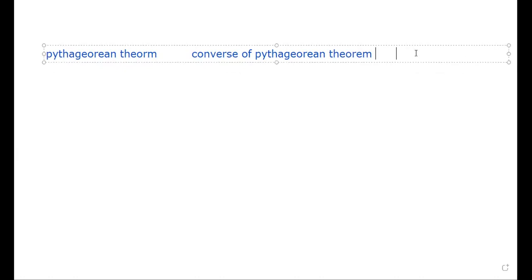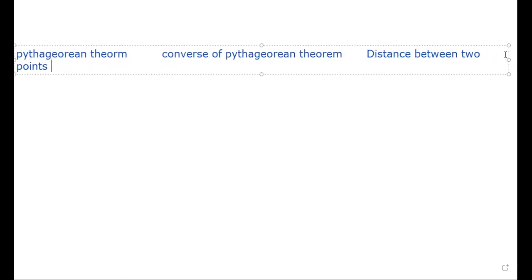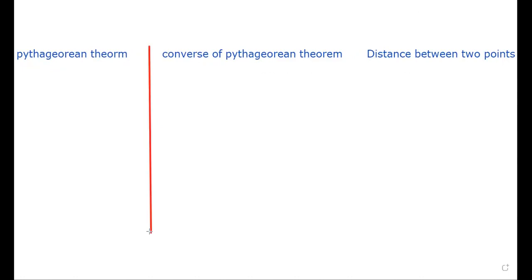Distance between 2 points. Is there anyone who can give me any idea about how we can differentiate between the 3 points which are in front of us now? We have 3 topics here, right?